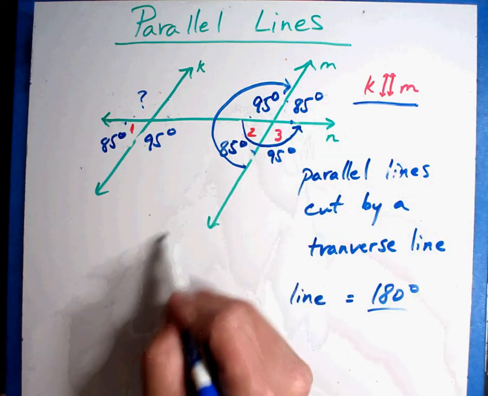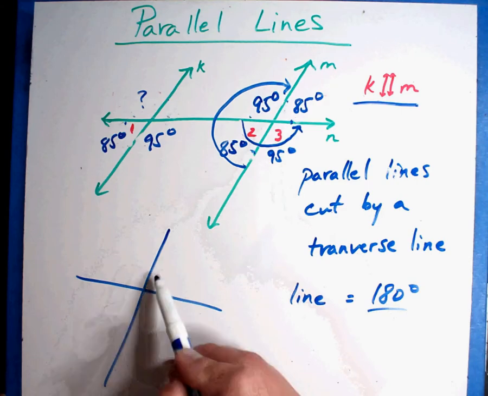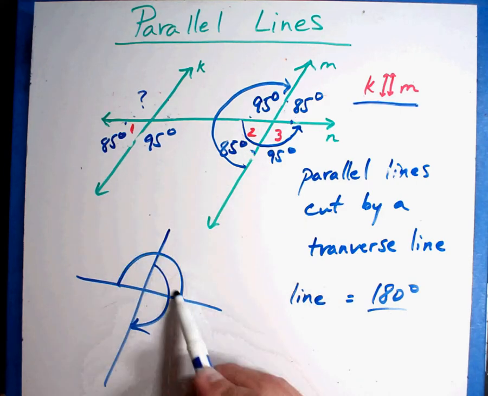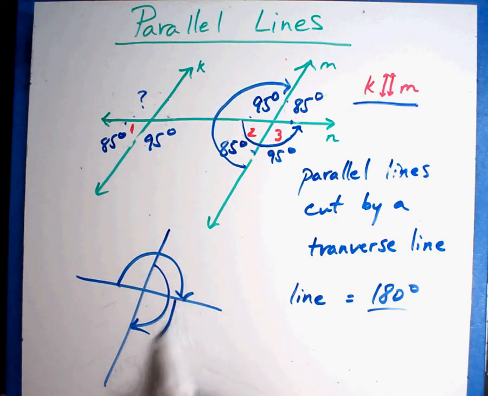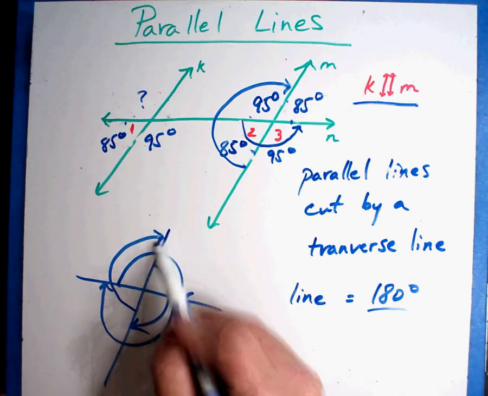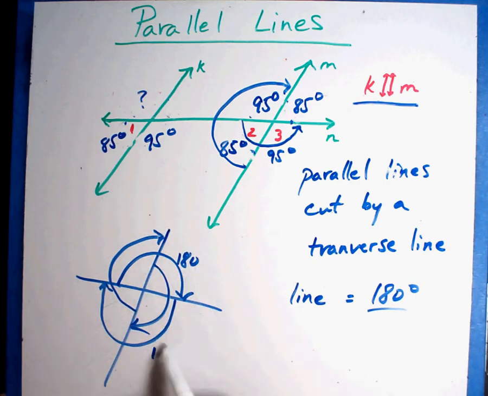How could that possibly happen? Well, if I redraw this, that's a line, that's a line, that's a line, and this is a line. All the way around, they're 180 degrees. That's 180 degrees, that's 180 degrees.